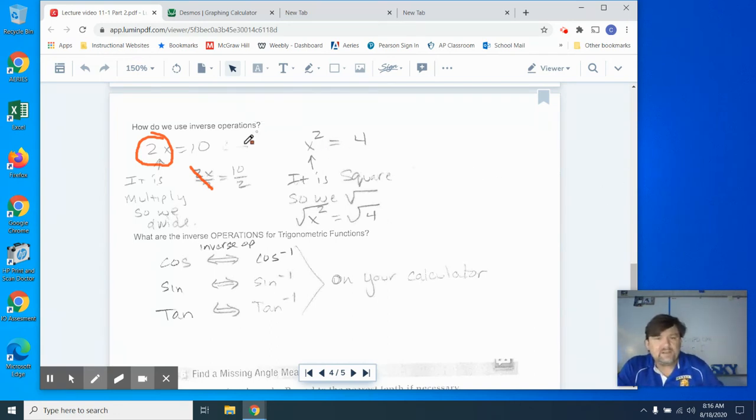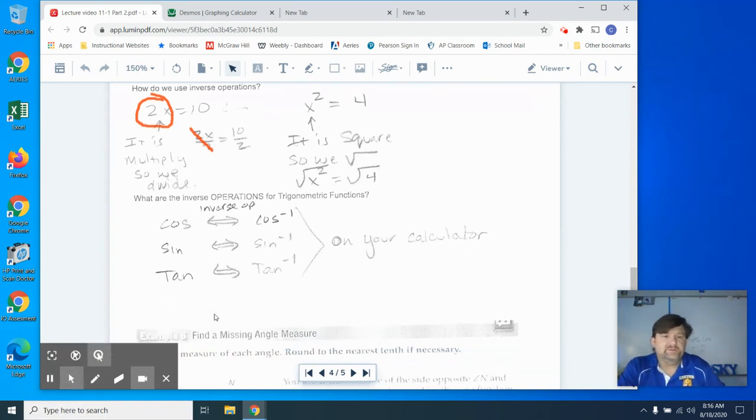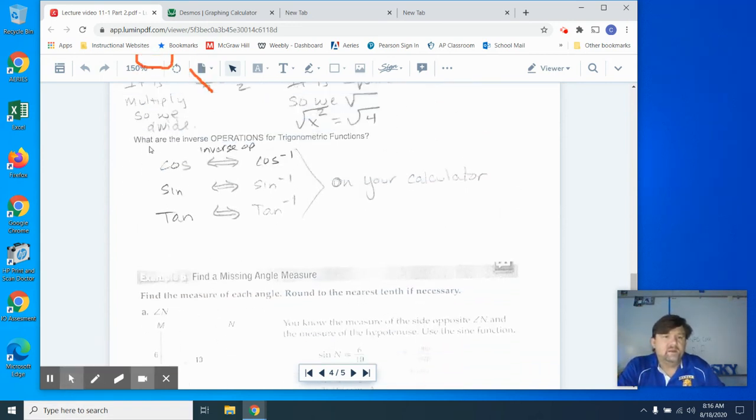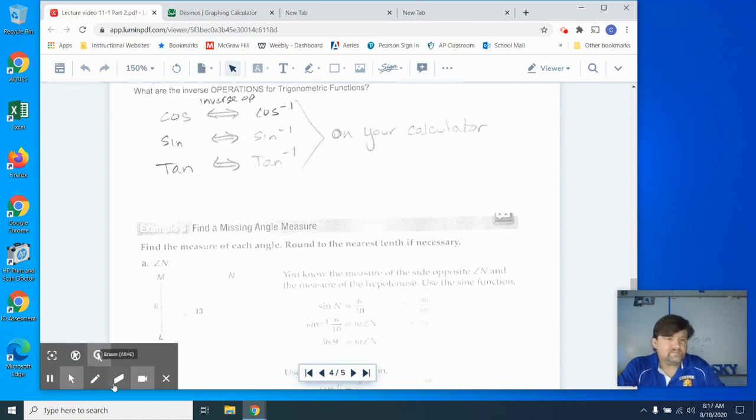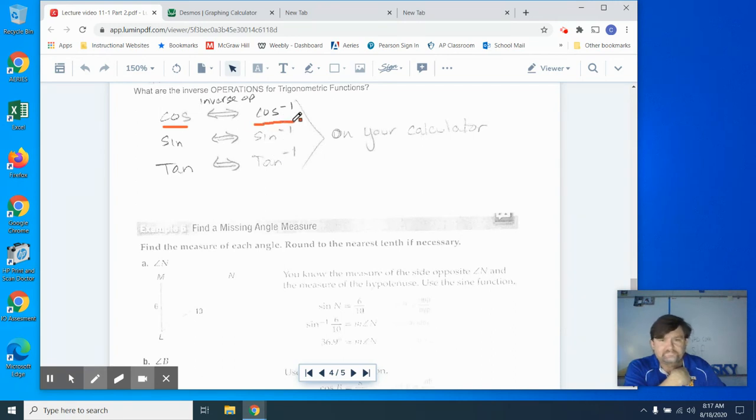This is where it looks weird, but it's still the same idea. If I look at inverse operations of trig functions, cosine's inverse operation is cosine to the -1.